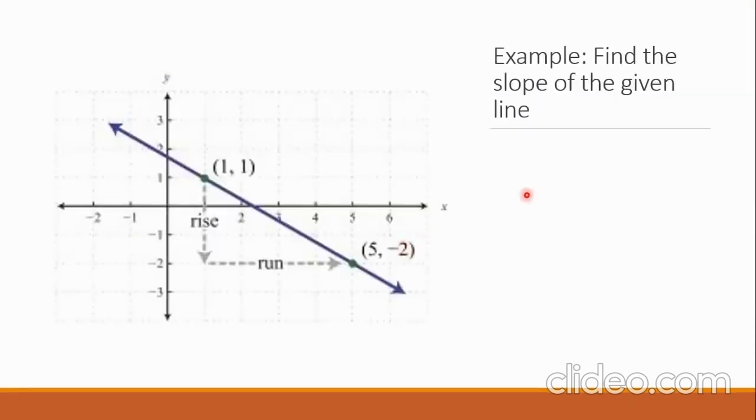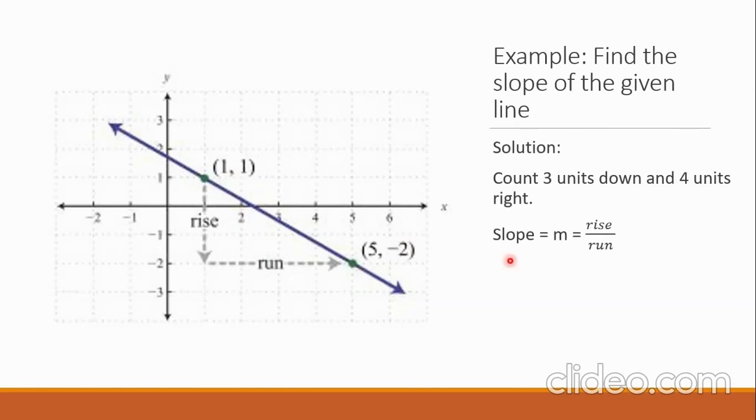Let us have an example. Find the slope of the given line. On this line, there are 2 points, (1, 1) and (5, -2). So the formula of slope is m equals rise over run.